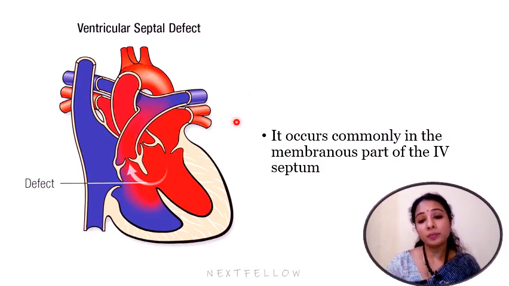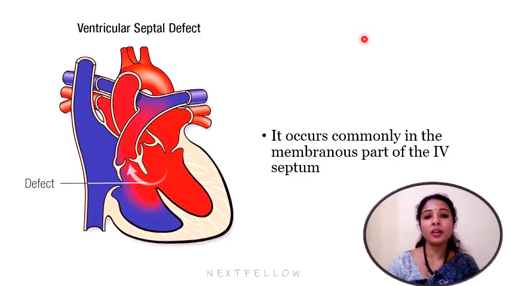So the septal defect, ventricular septal defect. Interventricular septum is formed by the fusion of bulbar ridges with endocardial cushion, aorticopulmonary septum and muscular part of interventricular septum. If these components fail to fuse, it may result in an opening in the interventricular foramen, and it occurs commonly on the membranous part.